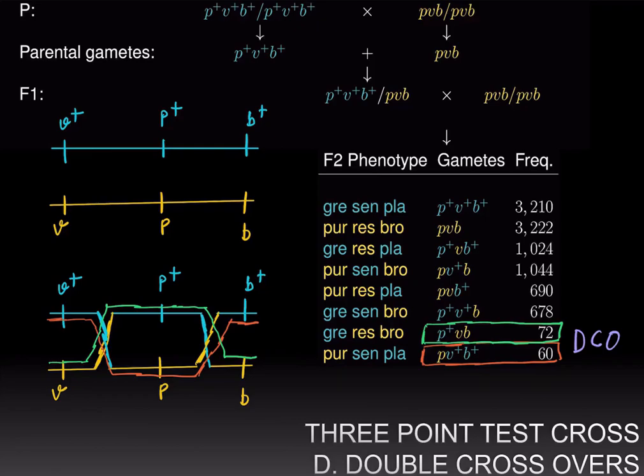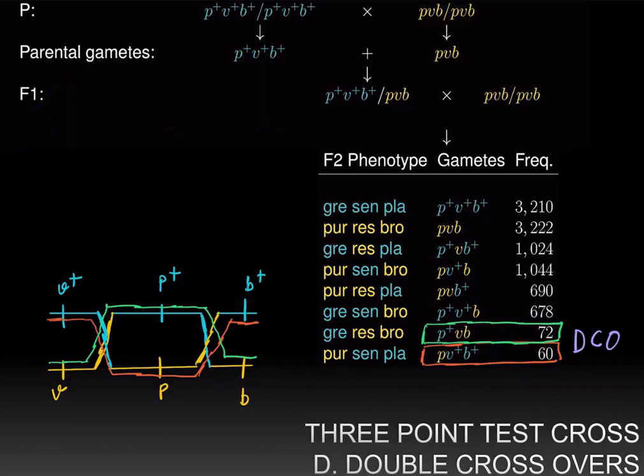And as a result, we must count them when we are computing the distance between V and B. And not only should we count them, but we should count them twice, because they involve two crossover events.